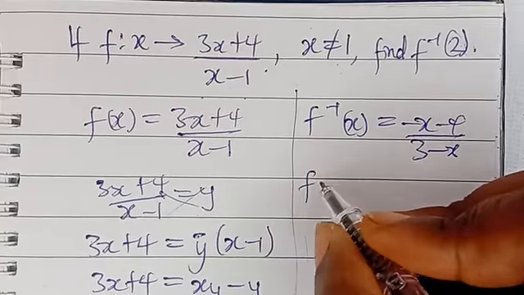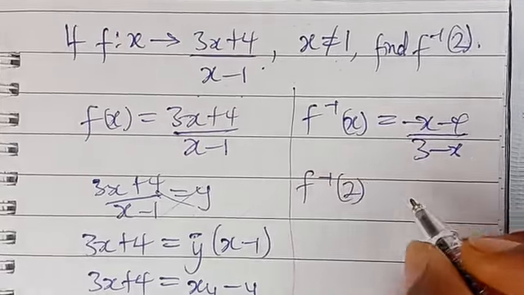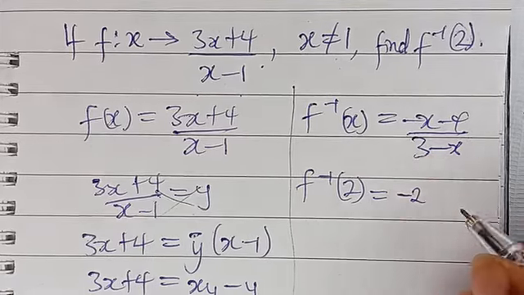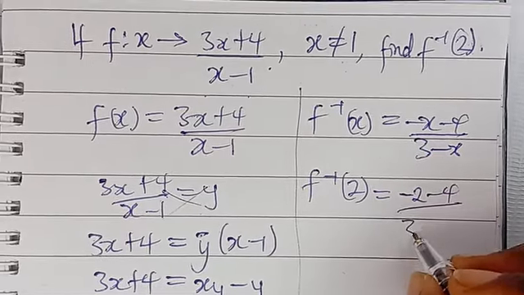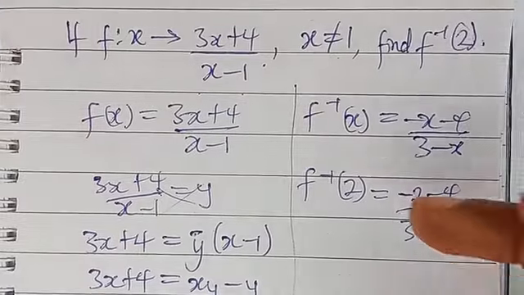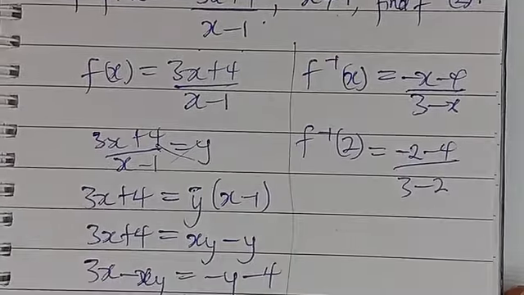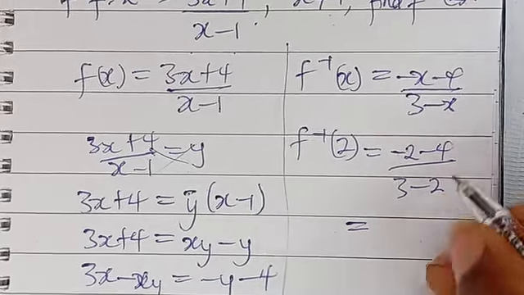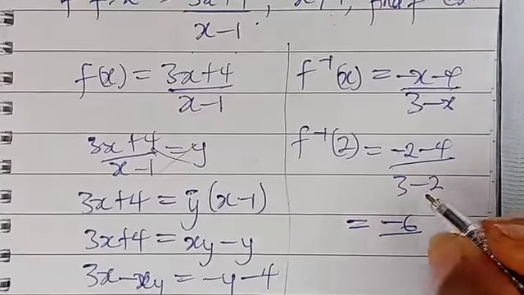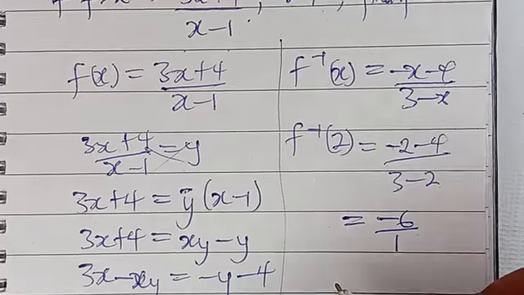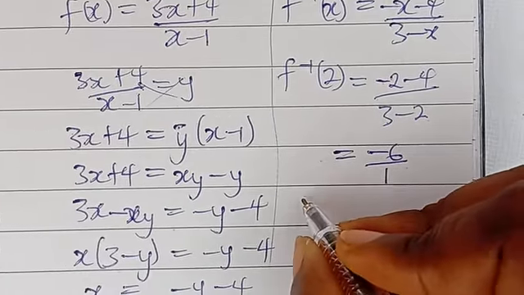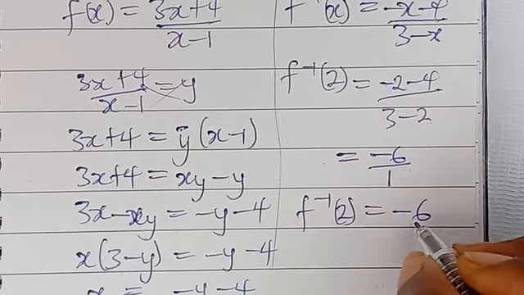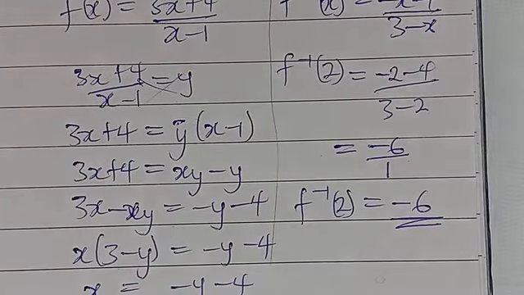So what we have to do is substitute 2 for x. We have (-2 - 4)/(3 - 2). Minus 2 minus 4 is minus 6, and 3 minus 2 is 1. Therefore, the inverse of f of 2 is equal to negative 6. That's all.